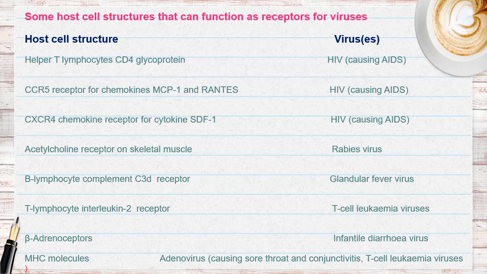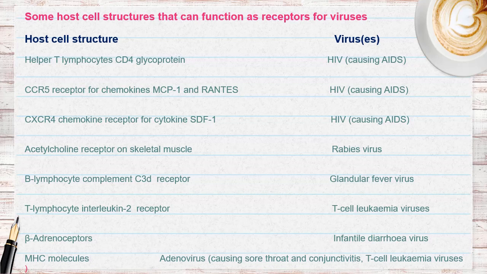Another entry point for the HIV AIDS virus is the CCR5 receptor for chemokines, MCP1 and RANTES. MCP1 is monocyte chemoattractant protein 1, and RANTES is regulated upon activation, normal T cell expressed and secreted.